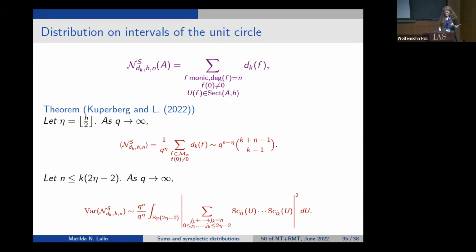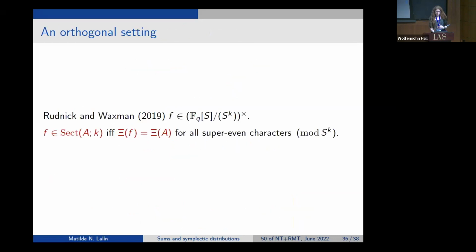So we have a result like that, and the reason I wanted to mention this is, first of all, because it's related to the short interval question, but also because there is an orthogonal setting related to this.